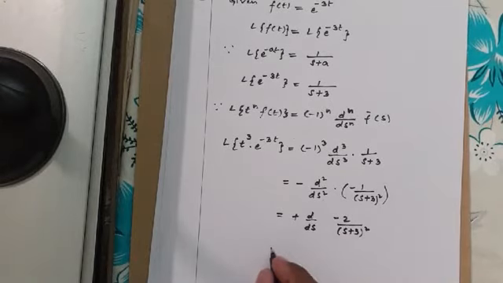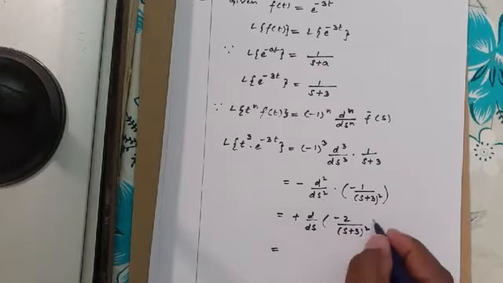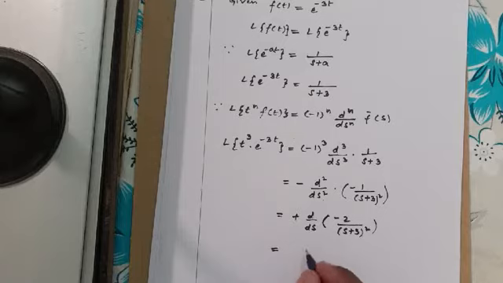Now when you differentiate this whole term again, this becomes 6 upon s plus 3 whole power 4.